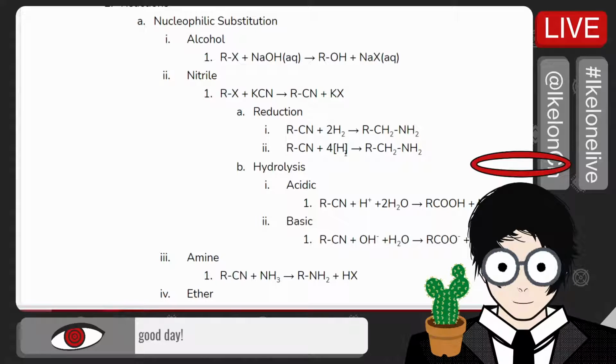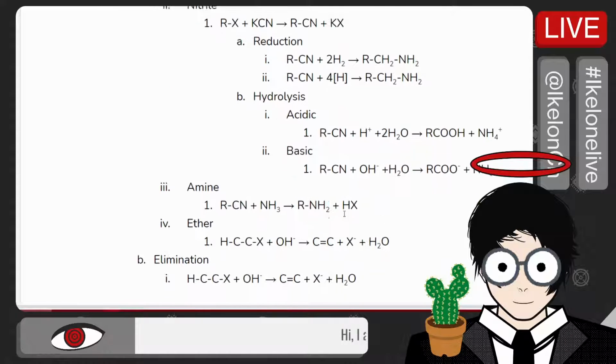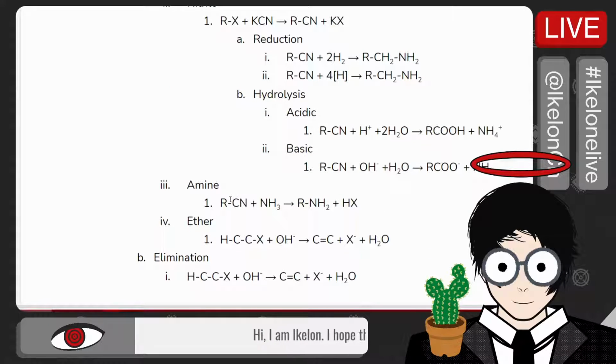And since the CC double bond is electron-rich, the H minus nucleophile will not approach the double bond, so it will only reduce the CN. So besides reduction, the RCN can also undergo hydrolysis from this equation. It can also form an amine via this equation and an ether via this equation.